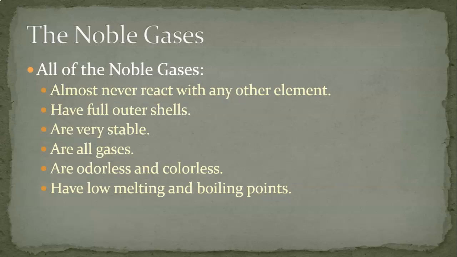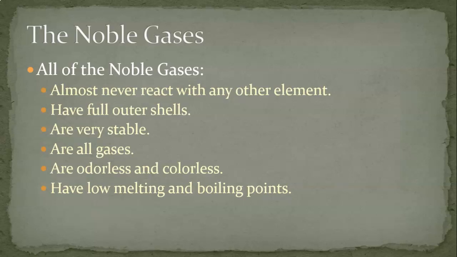Another reason they were not discovered right away is because they are all odorless, colorless gases, and you can see that down below there. Now, the reason they don't react much with anything else is because their outer shells are full. Those outer energy levels of their electron cloud have the exact right number of electrons. Helium has 2 because its outermost level is the first level, and so that level can only hold 2.